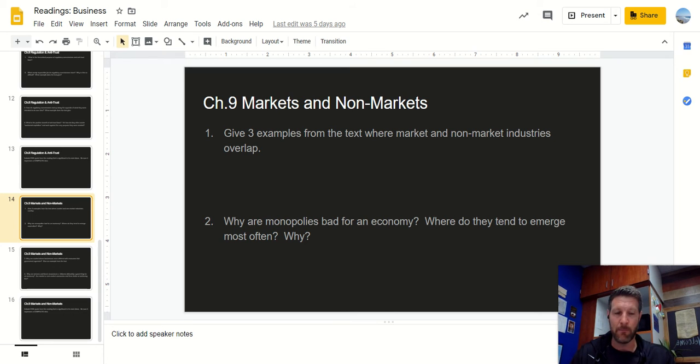It can set up ironclad boundaries to competition. And so a free market will always have competition eventually. A non-market with the power of the government is going to be able to establish long-lasting monopolies and therefore create all the negative consequences that monopolies bring with them.